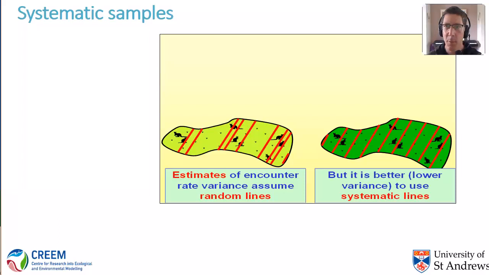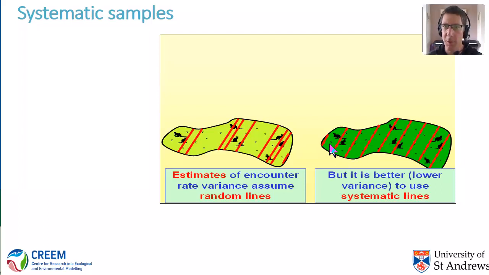So if you remember where the variance comes from conceptually, the variance comes from the idea of what the variability would be if we were to lay down multiple sets of lines onto this study area and repeat the study multiple times. How much would the number of animals that we detect then vary between the times that we did it?